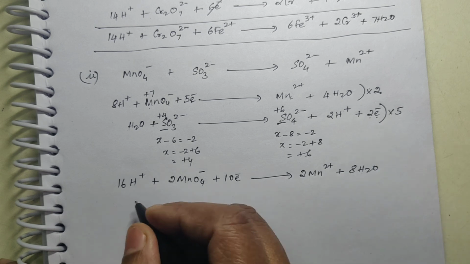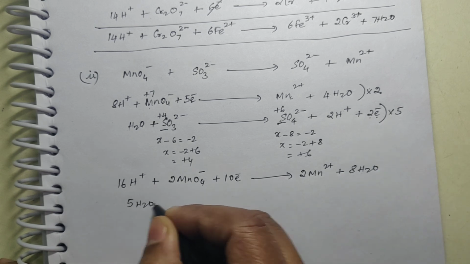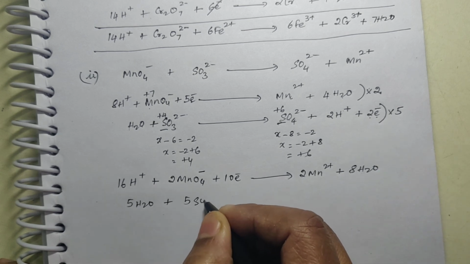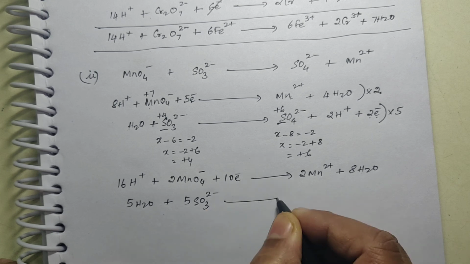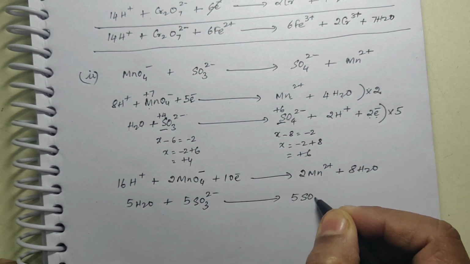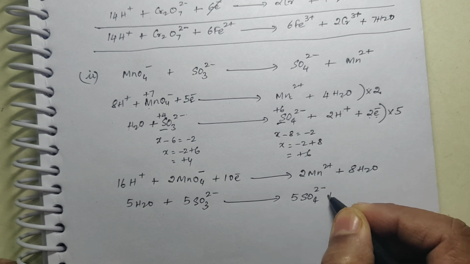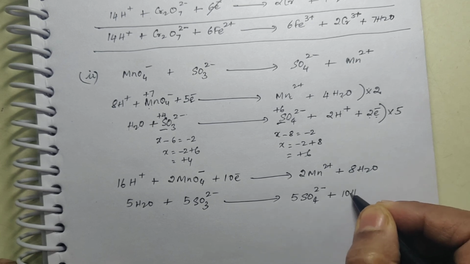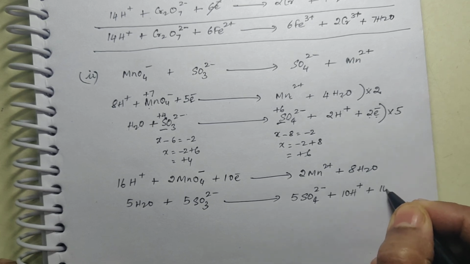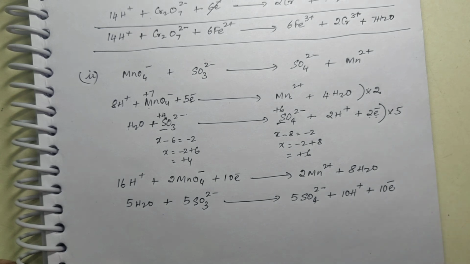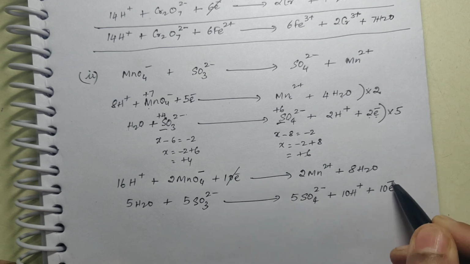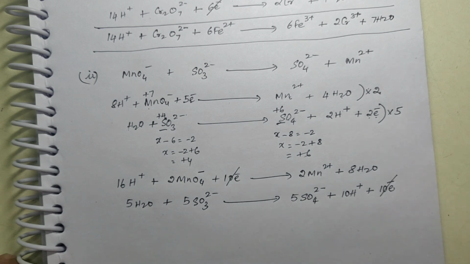And the second one would be 5H2O plus 5SO3 2-, giving you 5SO4 2- plus 10H+ plus 10 electrons. Right? Now your 10 electrons will get eliminated.